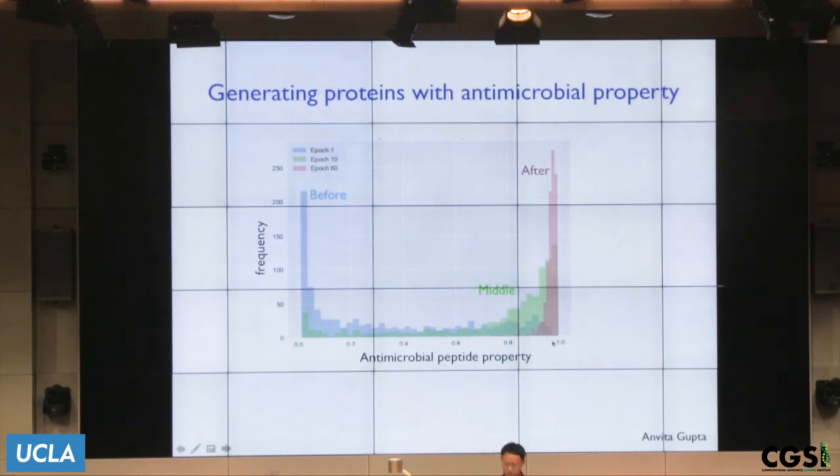After you do the transport, you're generating peptides that have much greater antimicrobial properties. Again, this needs to be validated. Yes? When you're saying before, you mean when it's just random noise? When it's basically just generating random proteins, yeah.